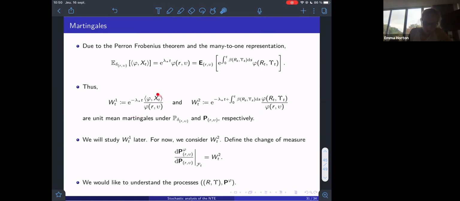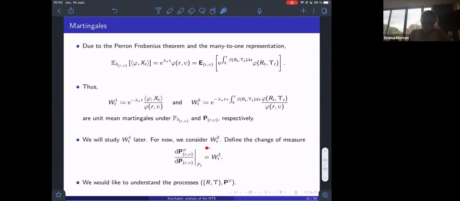I'm going to worry about the first one in the next part of the talk, and I'm going to focus on this one. I want to know what this martingale can tell us about the neutron random walk. If I do some form of transformation associated to this quantity, can I improve the neutron random walk in some way?